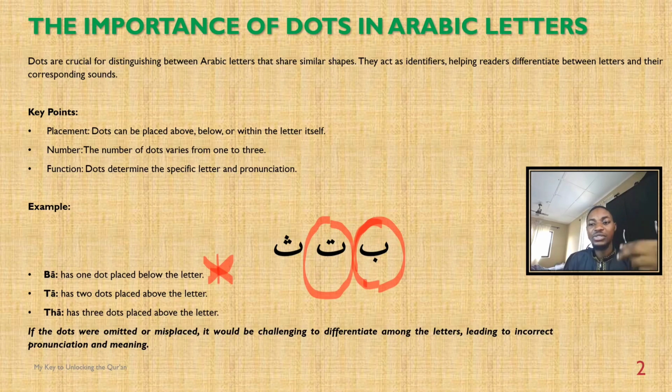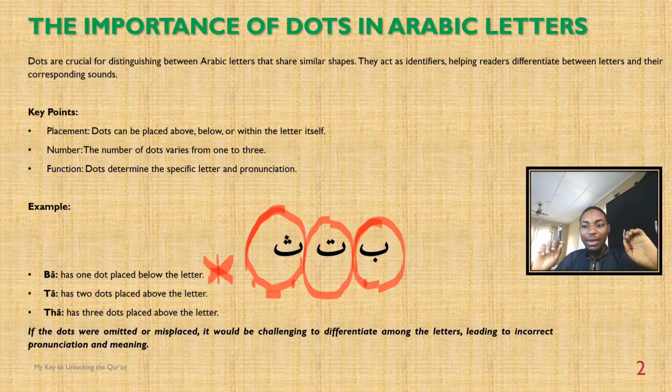So ta has 2 dots placed above the letter, as against ba, which has its dot beneath. Then we have tha having 3 dots above the letter. So you can see here that both ta and tha have their dots above them. However, the number of dots differs.